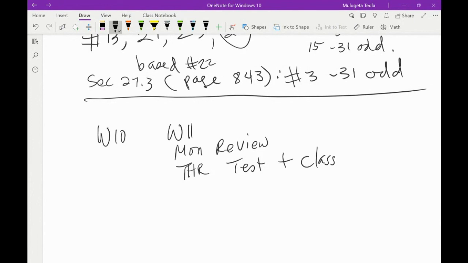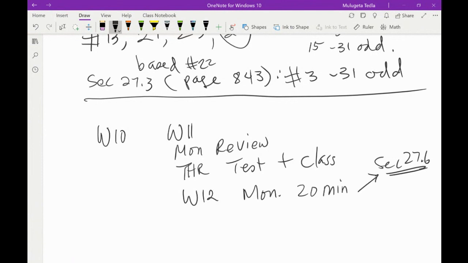And then week 12 is Monday. I'm going to use about 20 minutes to finish up section 27.6, which is the exponential form. It's an easy section. So 20 minutes on that, and afterwards for these 2 hours, maybe whatever leftover minutes, would be review for the exam.